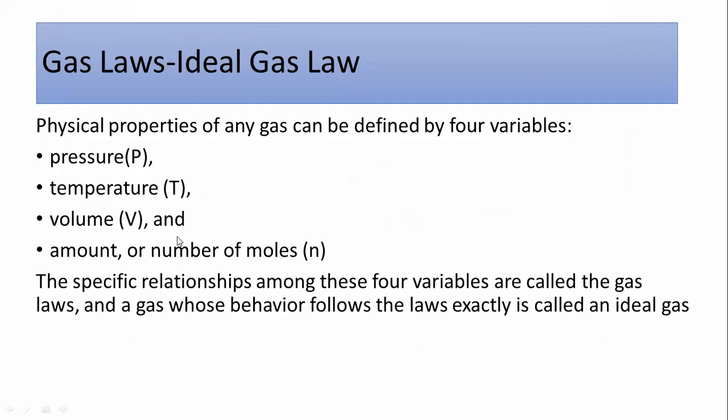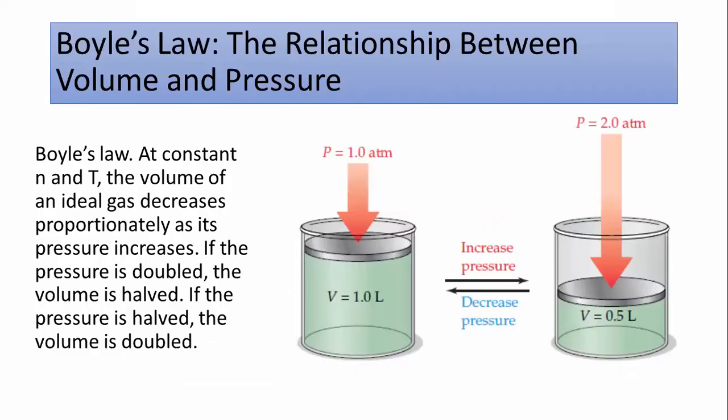When you establish a relationship between two physical properties, the other two properties will remain constant. This is the first condition. Without this, you cannot correctly explain the relationship between any two physical properties. This is the first assumption we are taking here, and in a similar way we will move on to discuss the other laws.